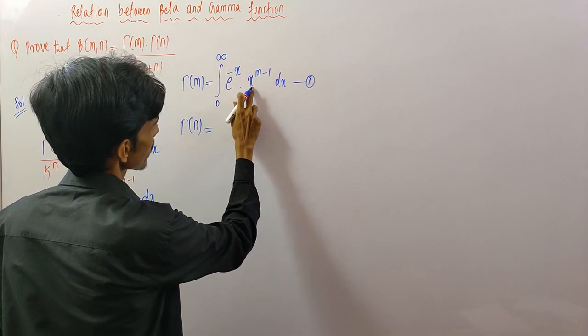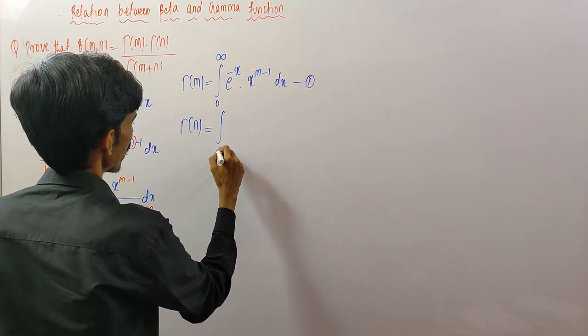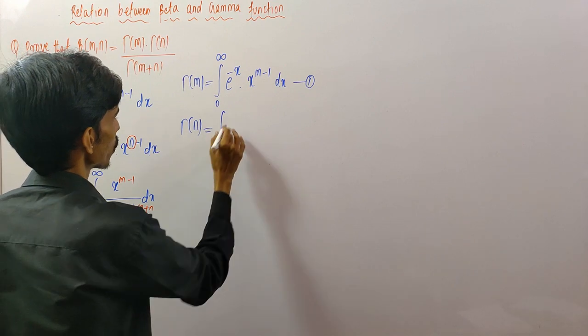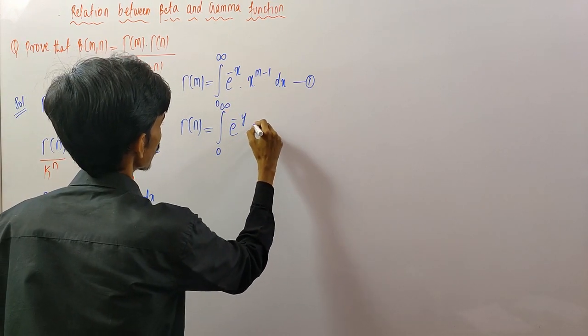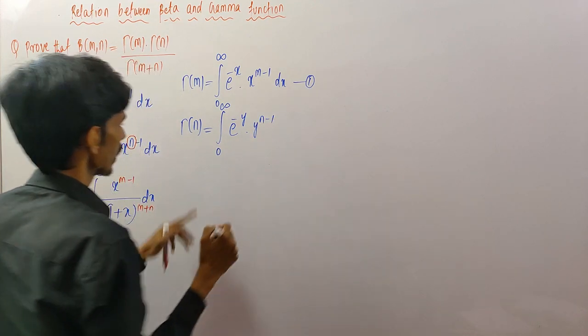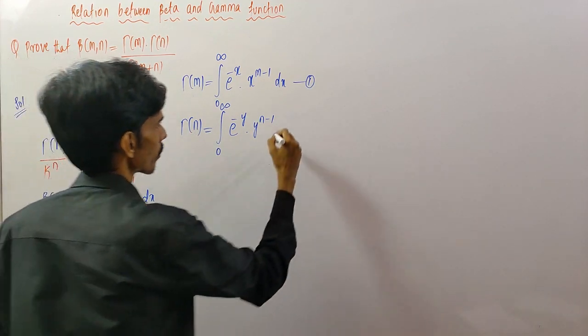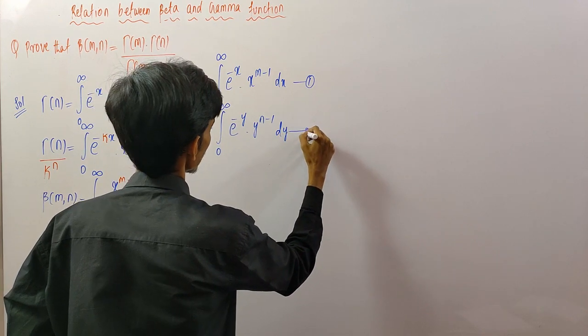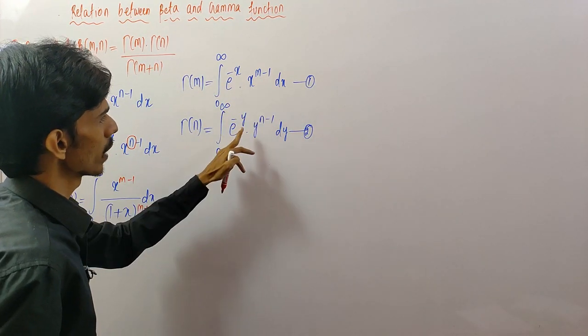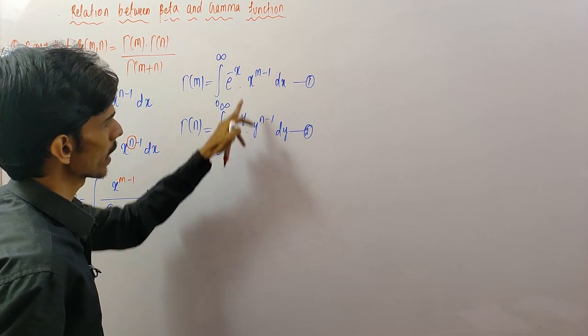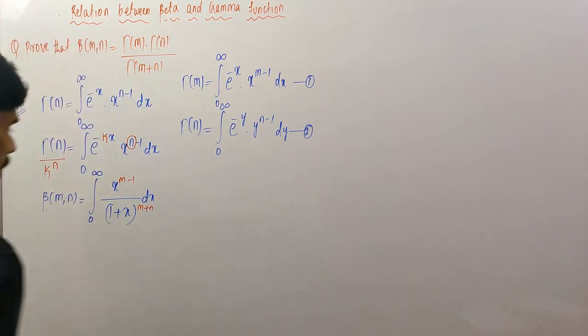Now take gamma of n as integration 0 to infinity e power of minus y into y power of n minus 1 dy, equation 2. Here variable x is there, here variable y is there. Dummy variable x, dummy variable y.